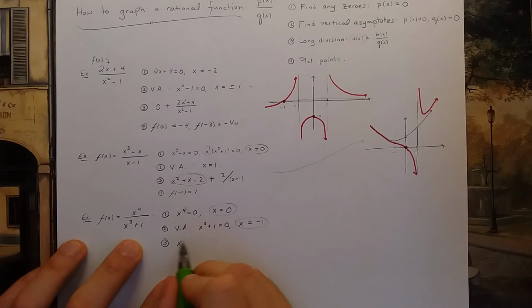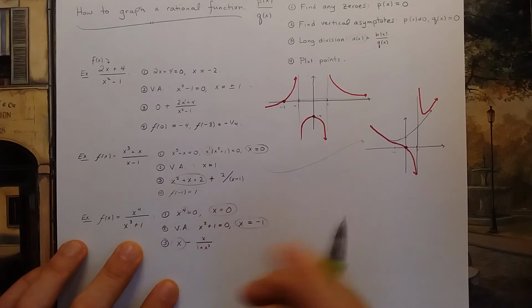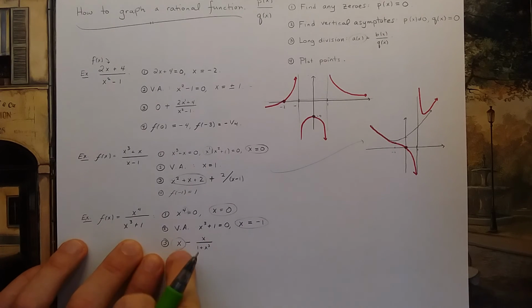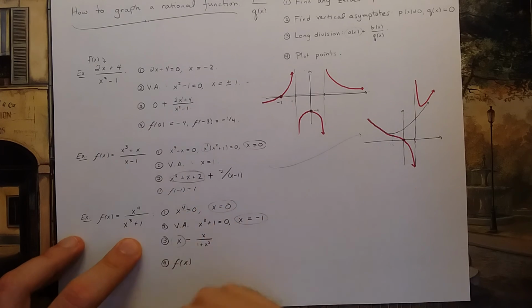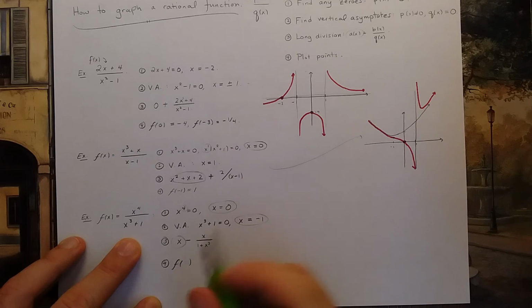Next, I'm going to do long division. I did it before the video, and I found x minus x over 1 plus x to the 3rd. That means the behavior for large and small values of x is given by the line y equals x. And then you can plug in some values just to get some more information about where things are.